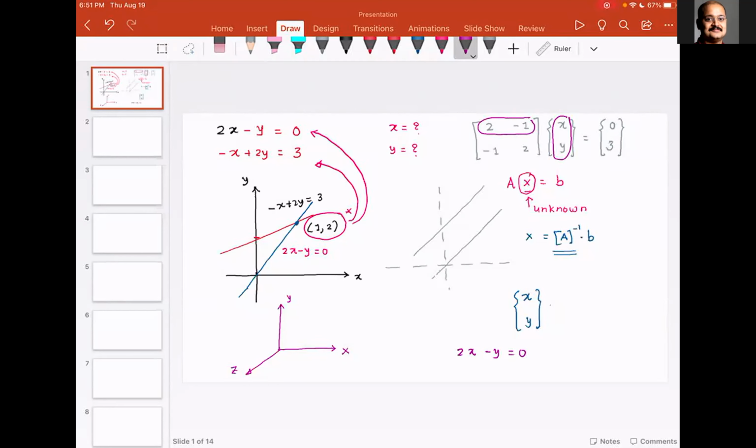When I multiply the second row with the first column, I get minus x plus 2y is equal to 3. Do you agree with me? This is called row multiplication because I have these rows and I am multiplying those with the column. So this is called row multiplication.